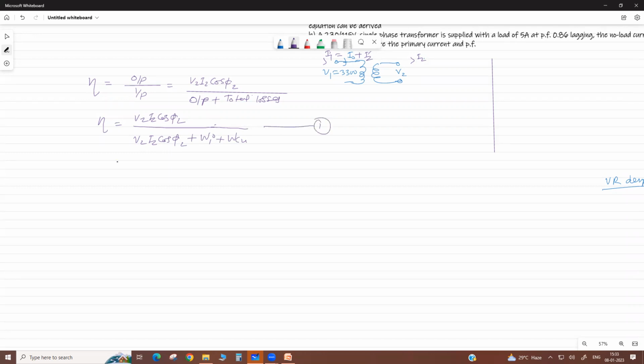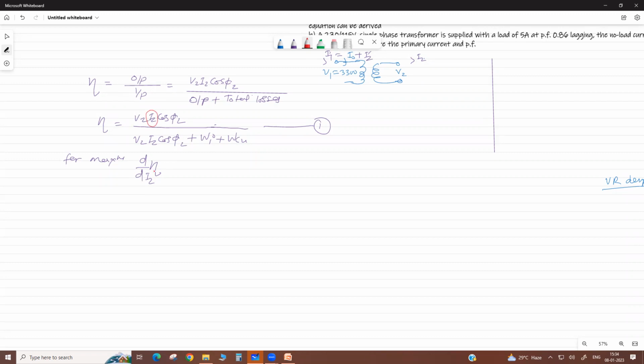Now for maximum efficiency. If you differentiate this efficiency eta with respect to I2, because looking at this equation, efficiency depends on load current I2, other parameters we maintain constant.